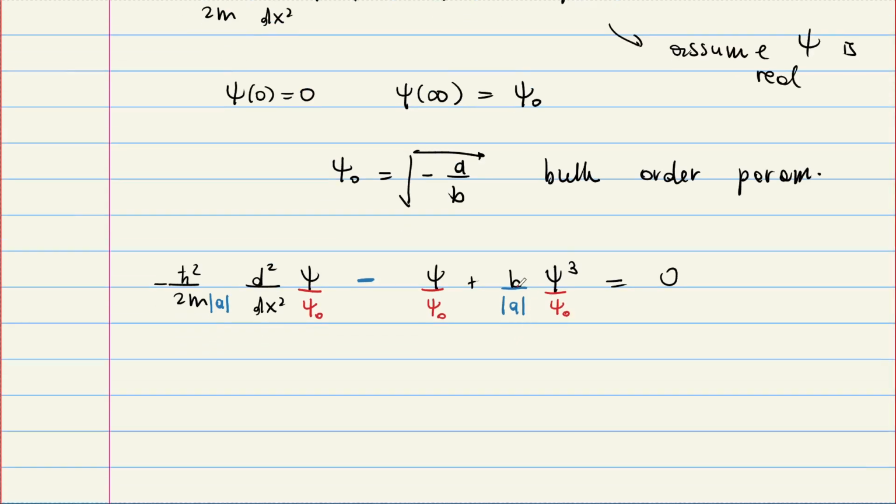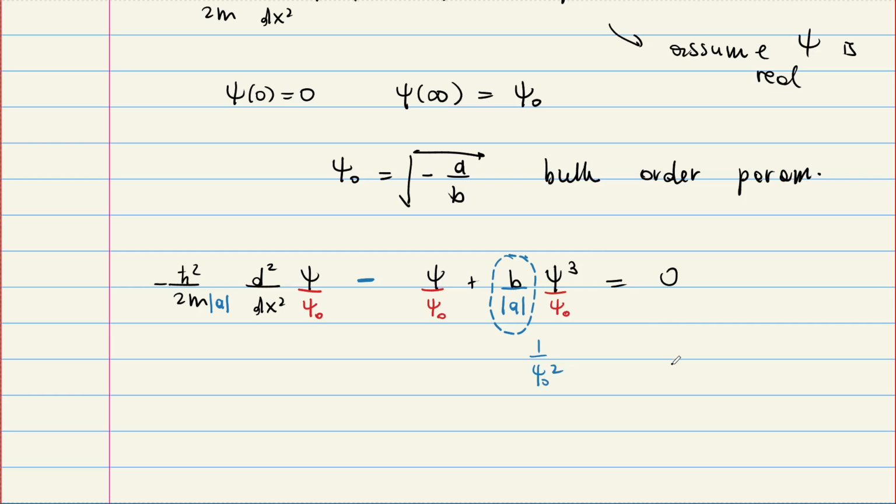And you can see this thing. So this A over B is exactly, this is 1 over psi naught squared. Yes, good.